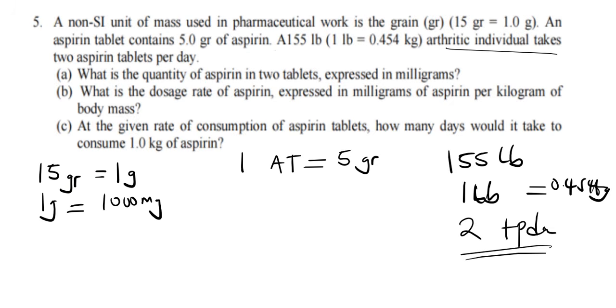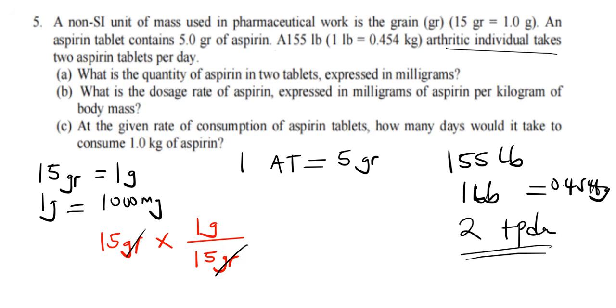I'm going to have my 15 grain conversion unit: 15 grain is equivalent to 1 gram. I'm writing it like that because you've done units and measurement, so the grain and the grain are going to cancel.